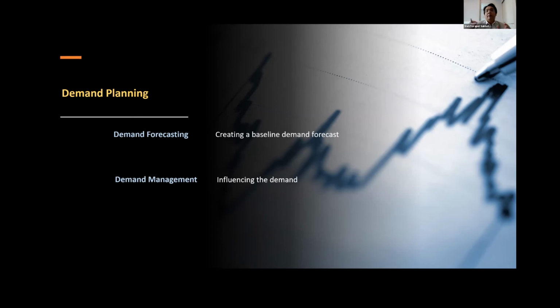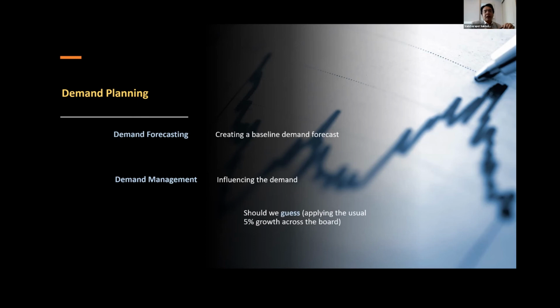So the baseline demand forecast is the clean demand forecast without any effect of anything that we did in the past that influenced the demand. Okay. And so in order for us to create the demand plan, we need to first do the forecasting. Okay. And then we see what we can do to manage the demand.